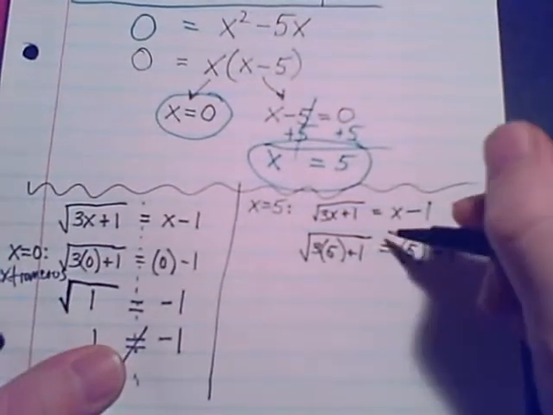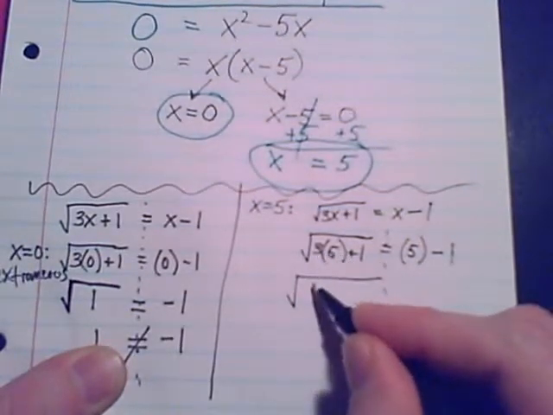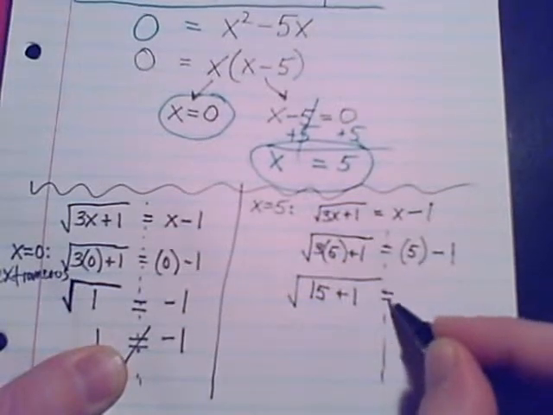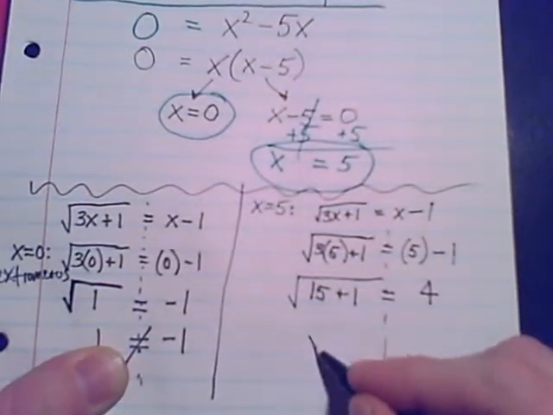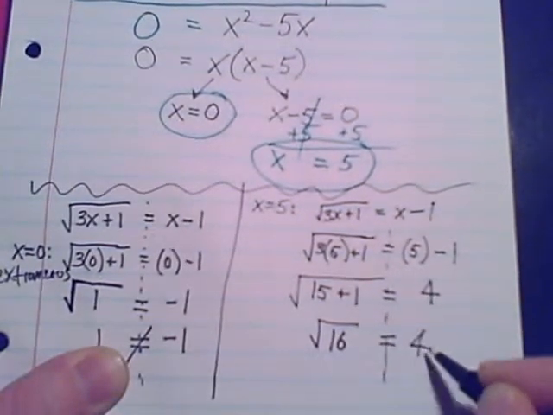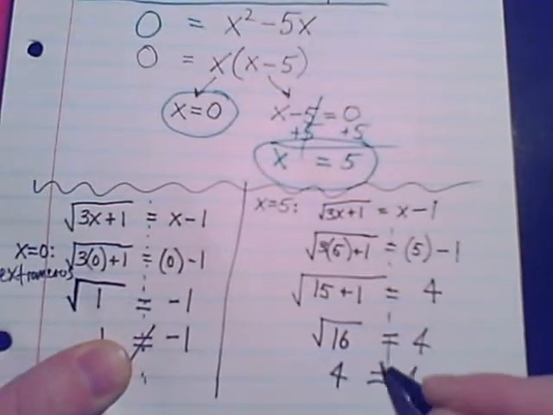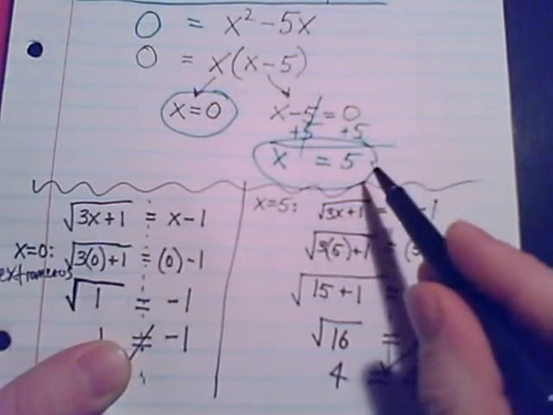All right, left side. Square root of 3 times 5, 15 plus 1. Right side we have 5 minus 1 is 4. So on the left side, will I end up equal to 4? Square root of 16, definitely 4. So there's a check. So x equals 5 definitely is a solution.